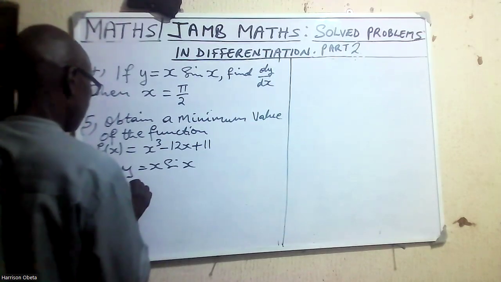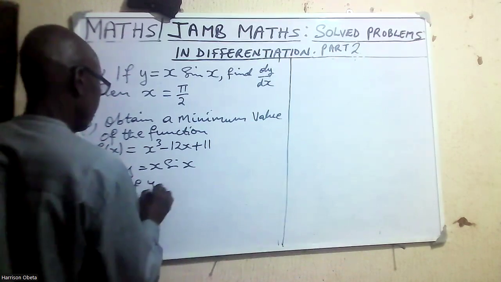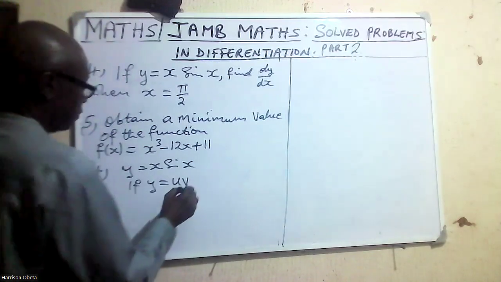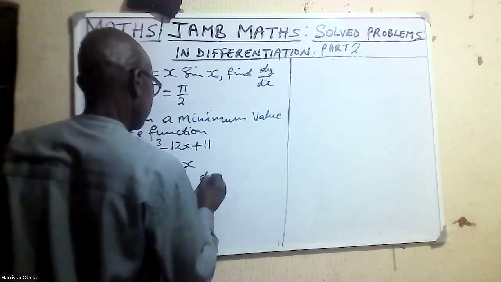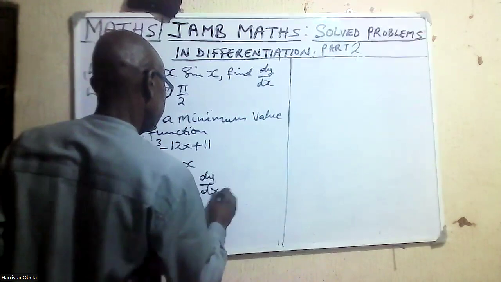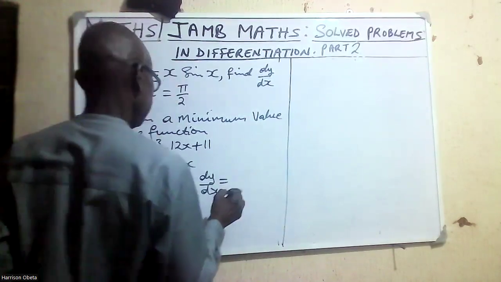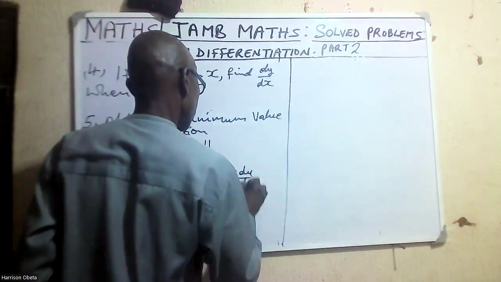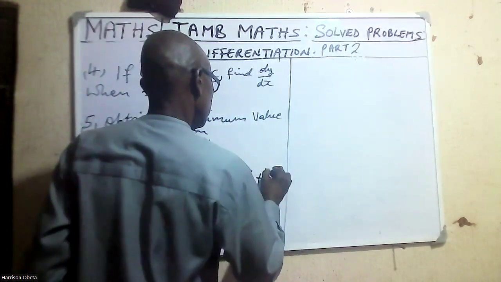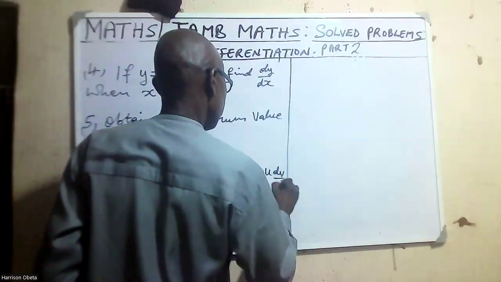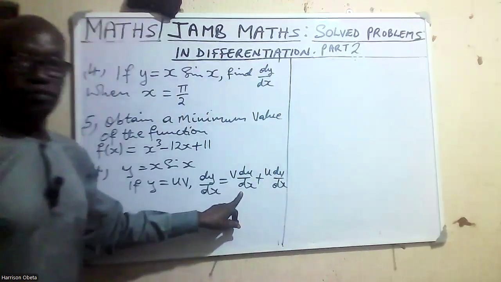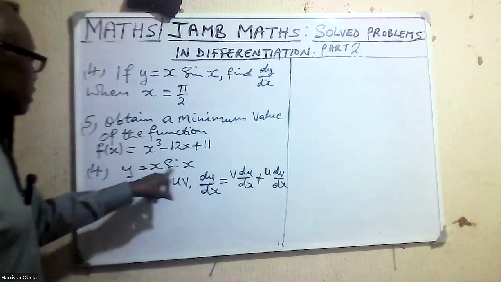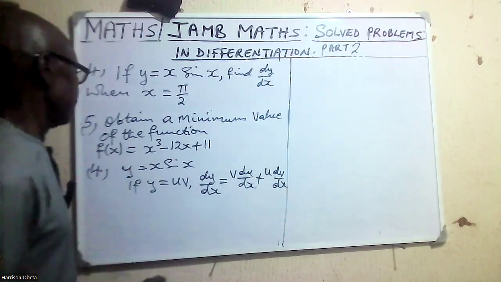That is, if y is equal to uv, then dy/dx is the same thing as v du/dx plus u dv/dx. That is differentiation of a product because x is multiplying sine x.